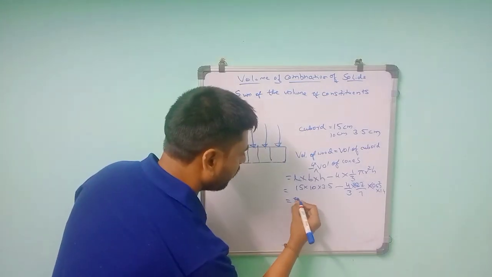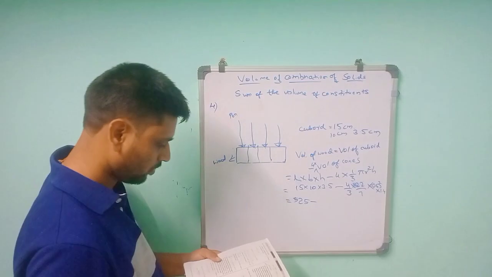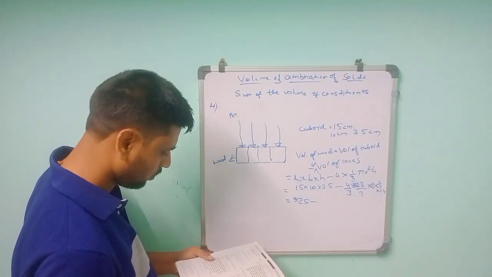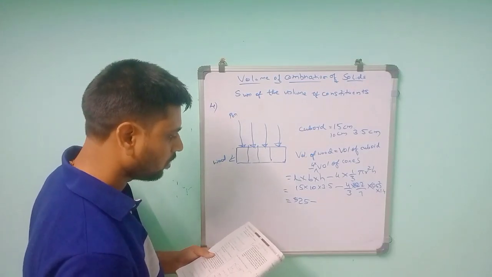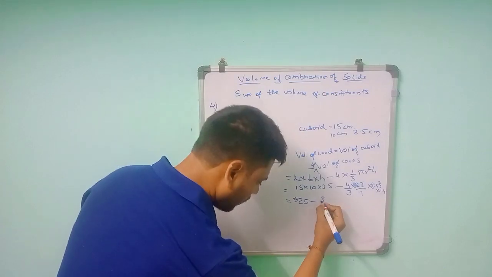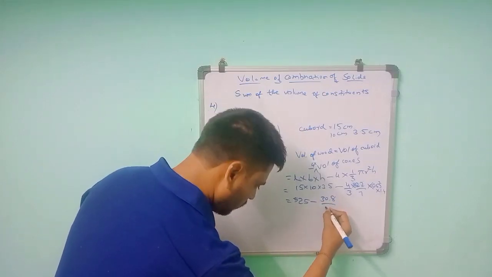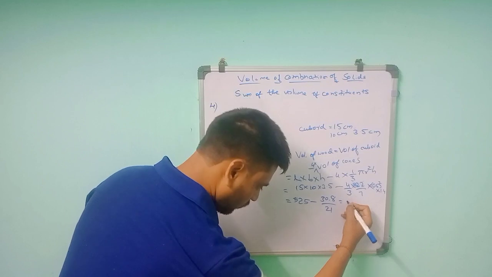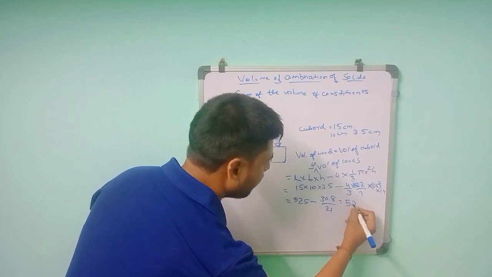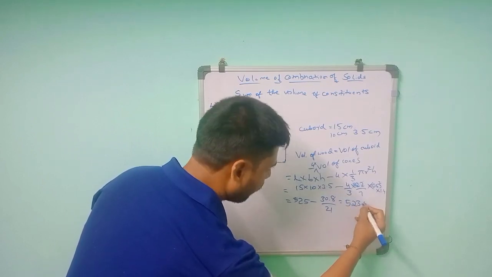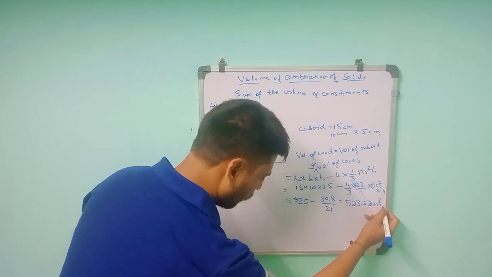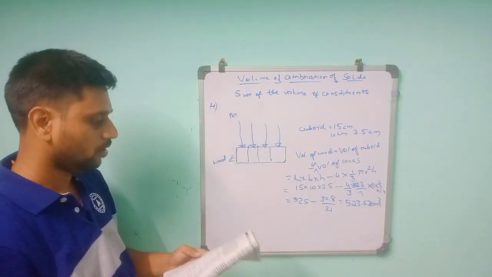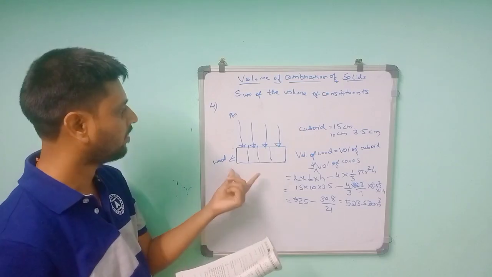This will be 525 minus 30.8 divided by 21. So this will give you 523.53 centimeter cube. So we have to take the volume of the wood in the stand.